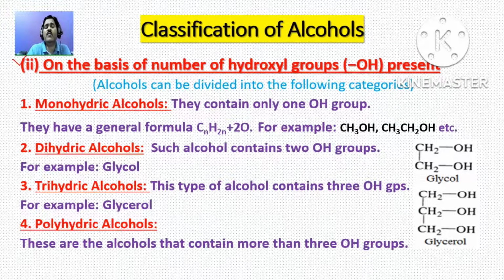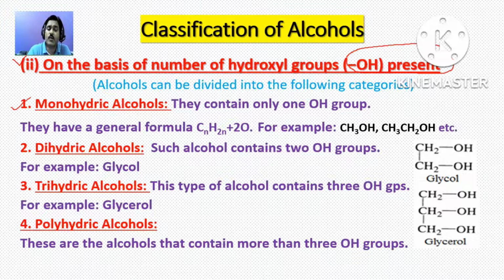On the basis of the number of hydroxyl groups, OH groups, present in alcohols, we classify alcohols. We have to see the number of OH groups present in the compound. On this basis, alcohols are classified into some types.